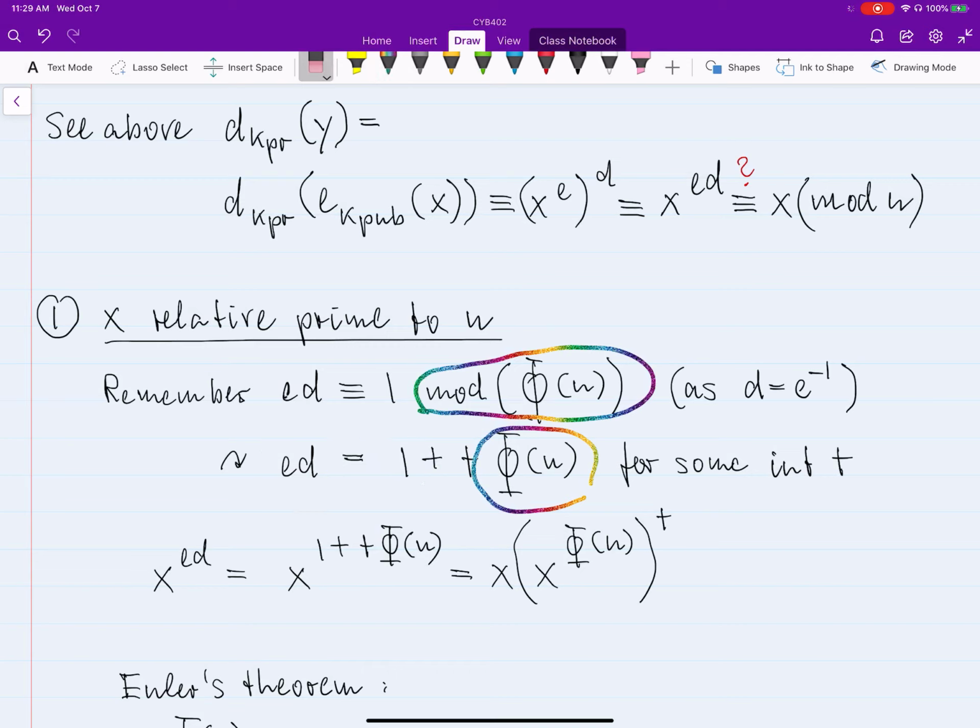Or e times d is equal to 1 plus a factor times phi of n. Because if we compute ed minus 1 and we say that ed minus 1 is divisible by phi of n, this is the number how many times phi of n goes into ed minus 1.